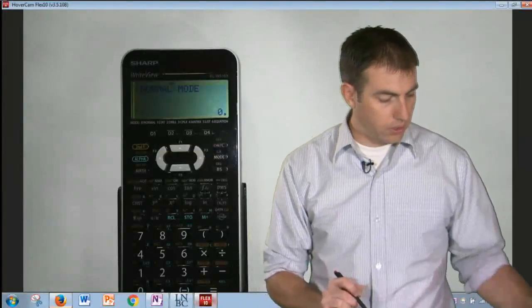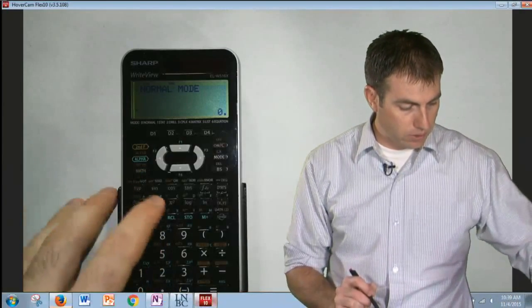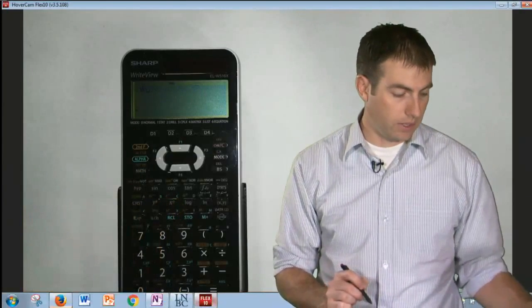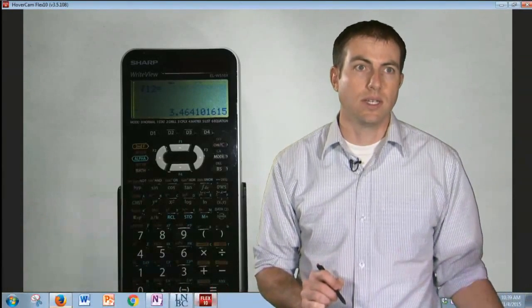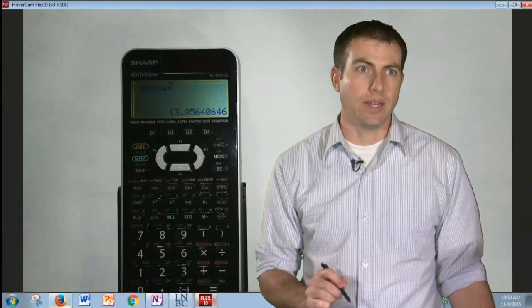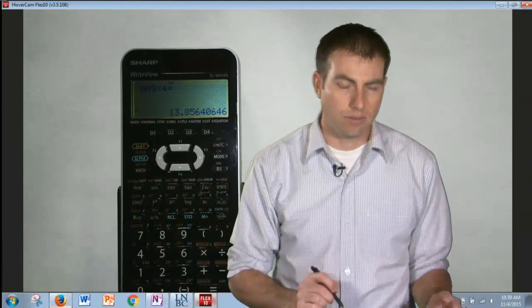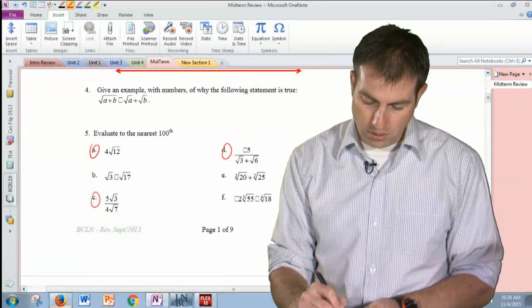Sometimes with a calculator, you're going to have to enter these things separately. With my calculator, to get the square root, I go second, x squared, and then it gives me that. Then I go 12 and hit equals. If I want to multiply by 4 after, I just go times 4, and then I get my answer, 13.856.